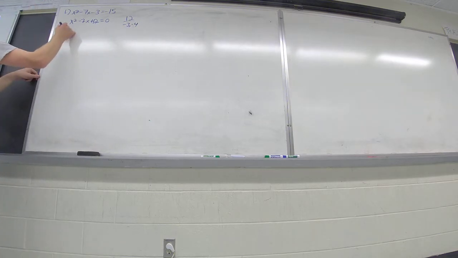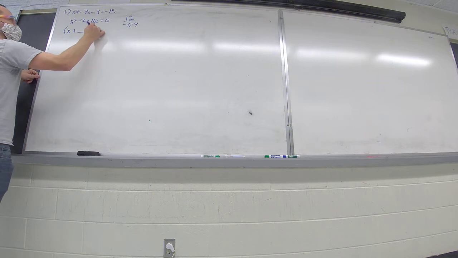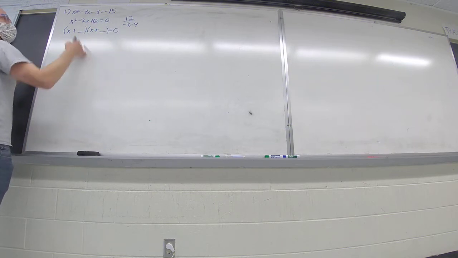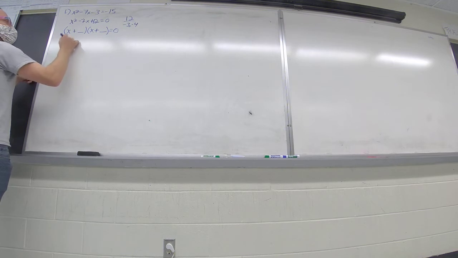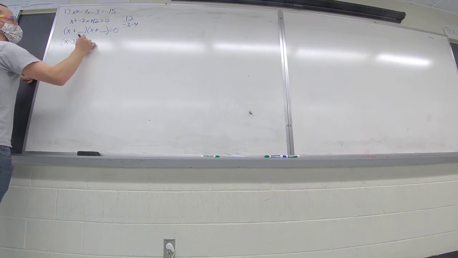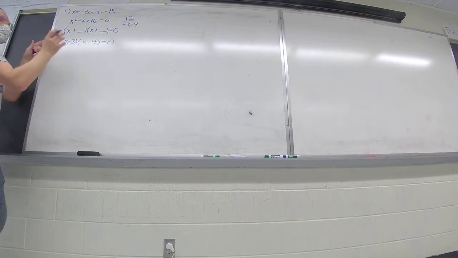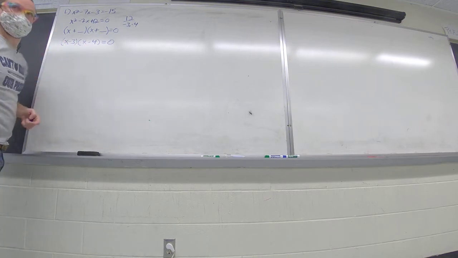Now you can fill out your template where you have x plus a number times x plus some other number equals 0. You can put the -3 and the -4 in there, so you get x minus 3 times x minus 4 equals 0. What we have here is the product of two numbers.